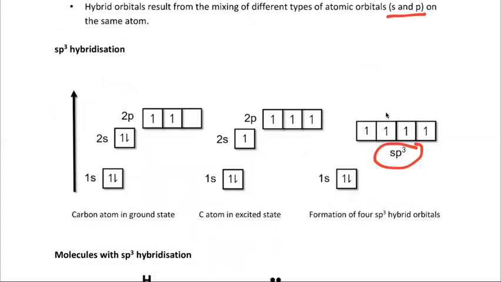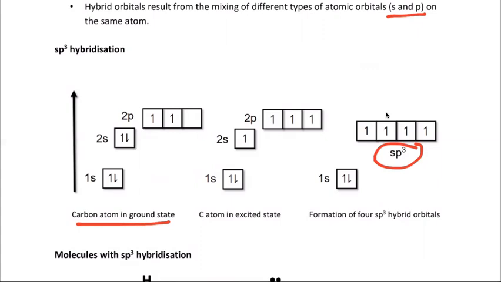Carbon is usually the most common example we use, because carbon can make so many different bonds. It can make single bonds, double bonds, and triple bonds. It's used in a lot of examples because organic molecules are all carbon based, and it can do all types of hybridization.